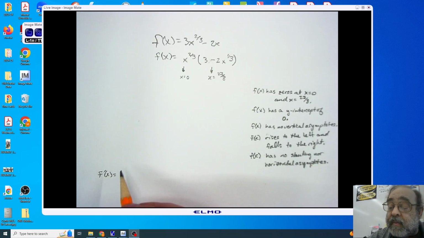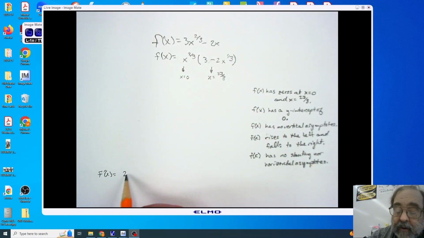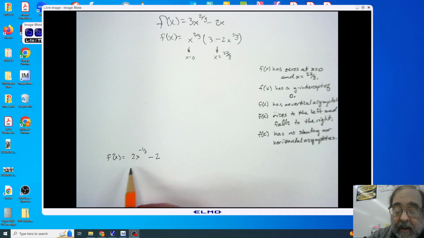f prime of x, we're taking our original, power comes down, and we end up with 2x to the minus 1/3, and we have a minus 2. So I'm going to factor that out. Let's factor out the 2x to the minus 1/3.